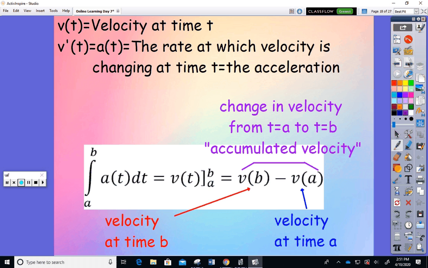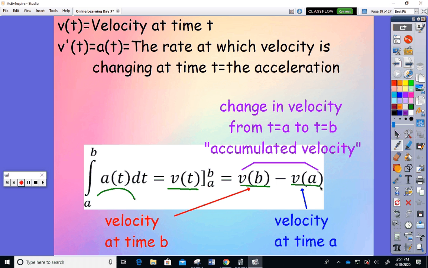So if V of t is velocity and V prime of t is acceleration, if I take the antiderivative of acceleration, I get velocity. And so what I wind up getting is the difference between my velocity at time B and my velocity at time A. So if I'm going 55 miles per hour at time B and I'm going 45 miles per hour at time A, then I've gained 10 miles per hour.